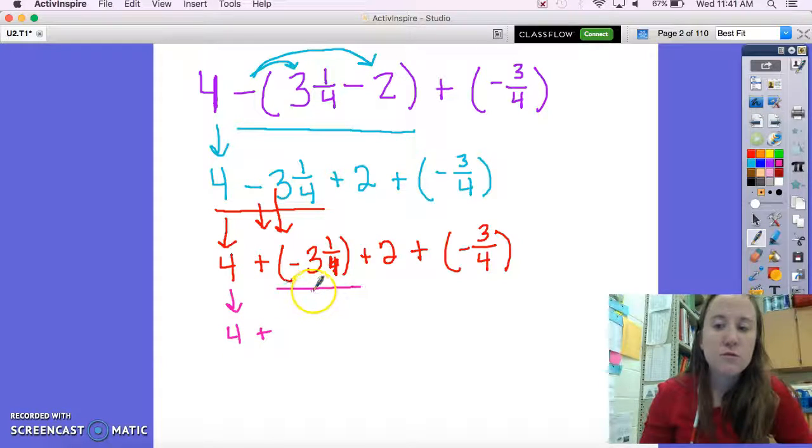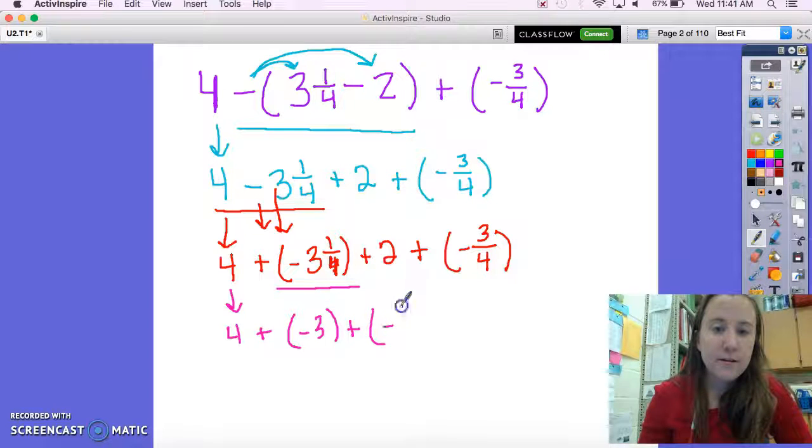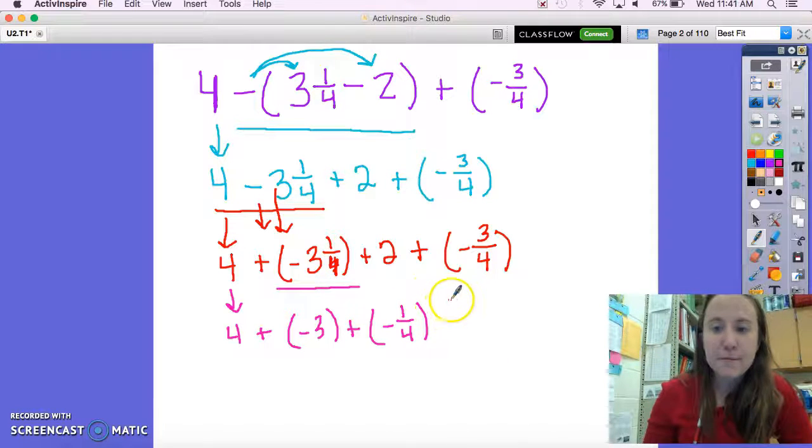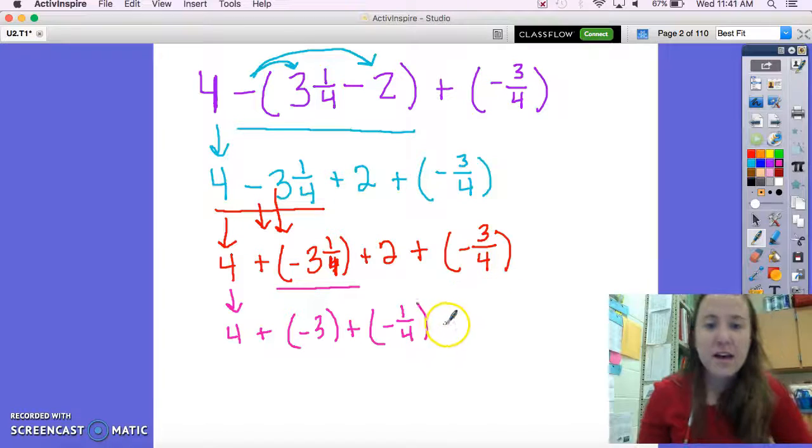So if I were to rewrite negative 3 1/4 as a whole number and a fraction, the whole number would be the negative 3, and then we're adding to it a negative 1/4. And that was the decomposition of a mixed number strategy. And I have the rest of the expressions still.